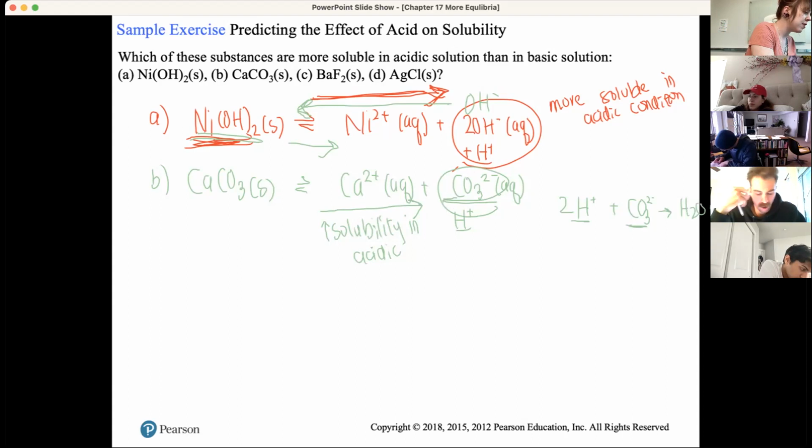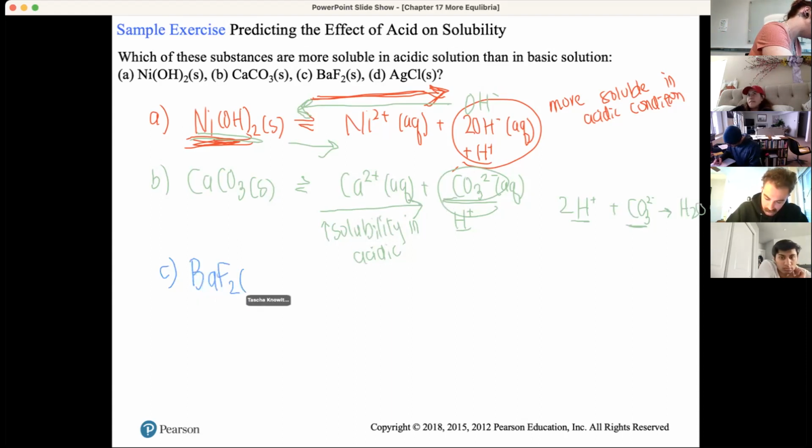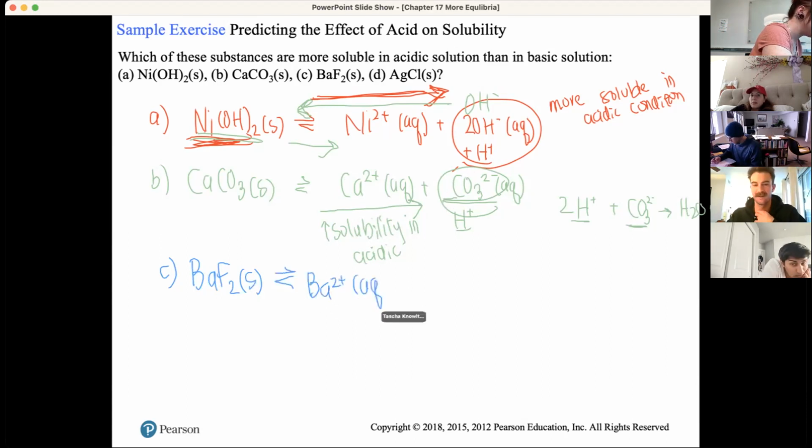Okay, let's switch the color. Okay, C. Barium fluoride, solid. Going to barium, bringing it back to our first example, plus 2 fluorides.